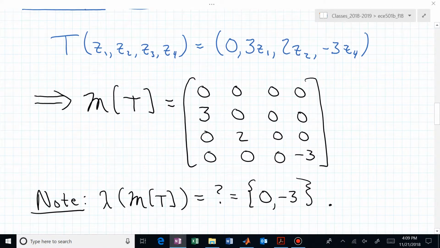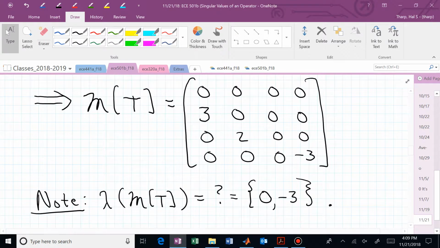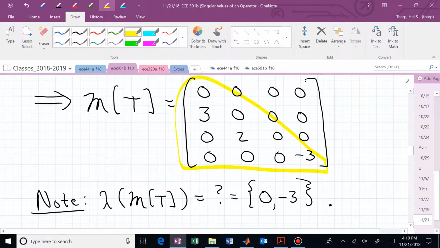Now I could ask you the question, what are the eigenvalues of this matrix representation of T? And what you should start to see immediately is that this particular matrix is lower triangular.